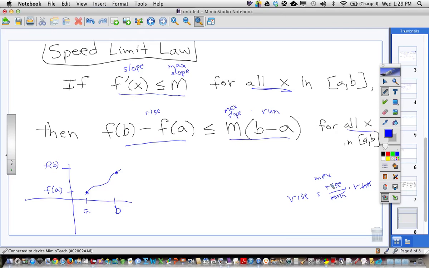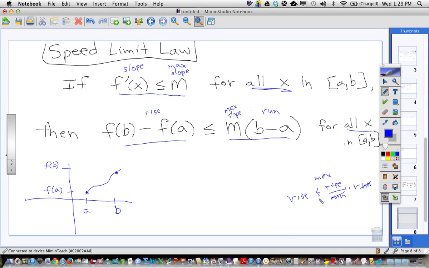So what we have is the rise, and this would be less than or equal to, right? The rise is less than or equal to the max rise over run times run. Well, that's max rise, right? So the rise is less than or equal to the max rise. Oh, that makes sense, right? So big deal. What did that just say? If we put this into layman's terms, it would be this.